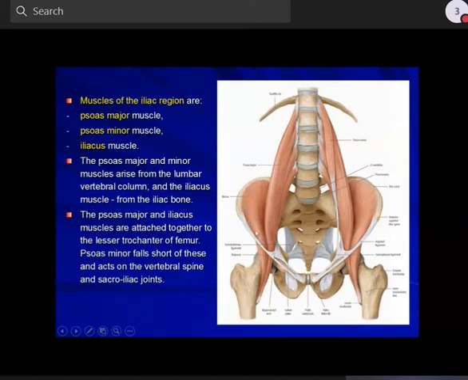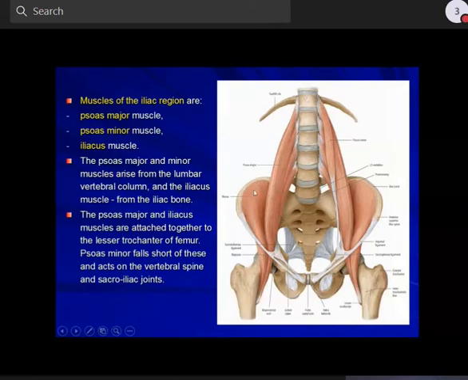And so the iliacus originates from the superior two-thirds of the iliac fossa. Its superior boundary is provided by the iliac crest. So it passes in front from the anterior superior iliac spine, and posteriorly its end is on the superior posterior iliac spine.